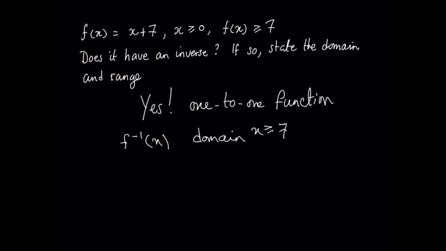The domain of the inverse is the same as the range of the original function. f⁻¹(x) has a range greater than or equal to 0. So just using those basic facts, we know that the inverse function has a domain corresponding to the range of the original function, and the inverse function has a range corresponding to the domain of the original function.